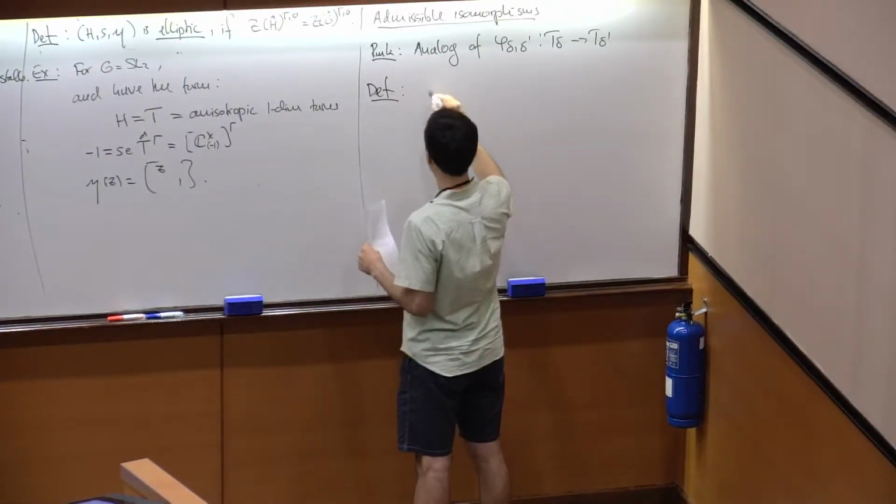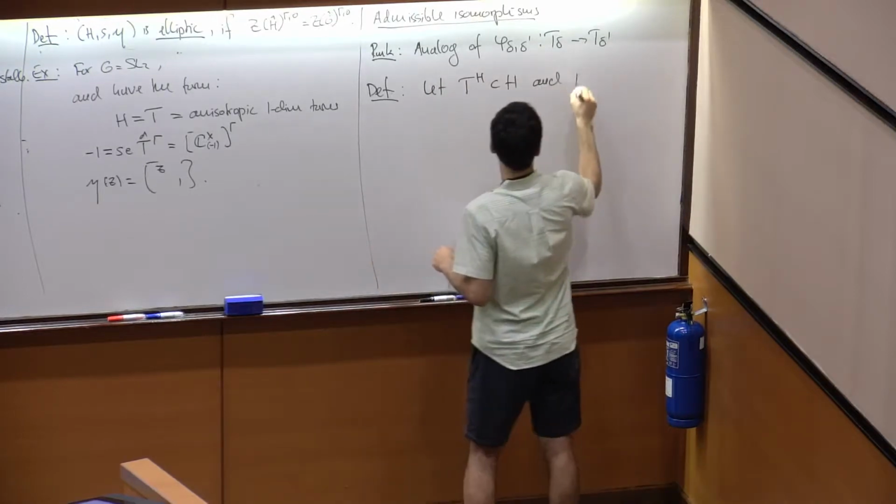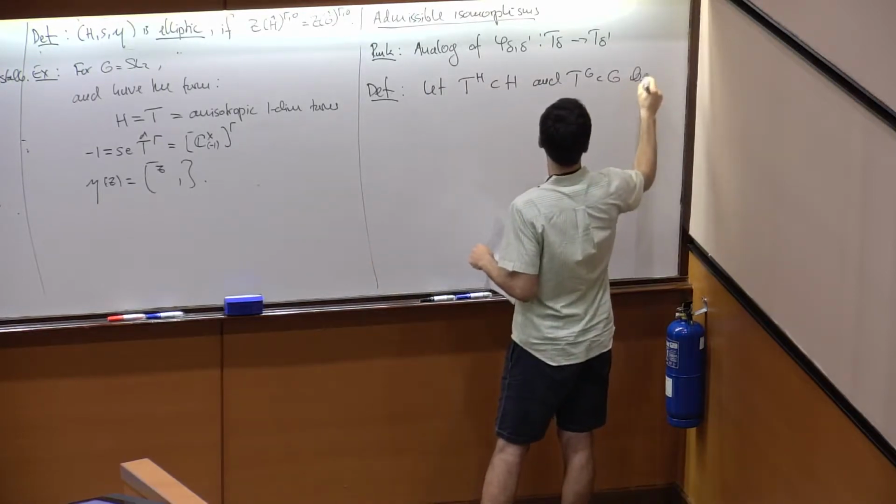Definition. So we're going to take TH in H and TG in G be maximal tori.